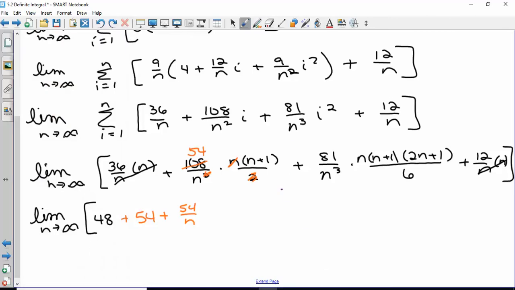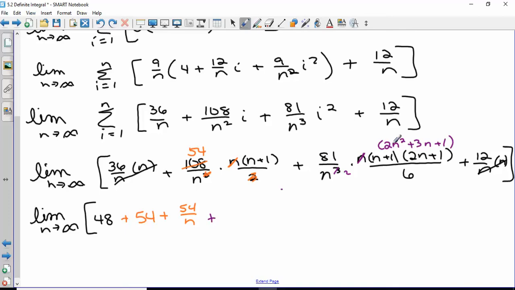Okay, am I doing too much at once? Keep going. So here I can cancel one of these n's. If I FOIL this, I would get 2n squared plus 3n plus 1.